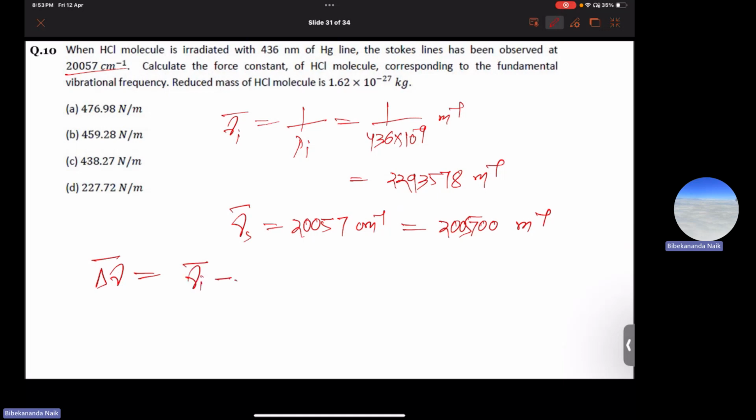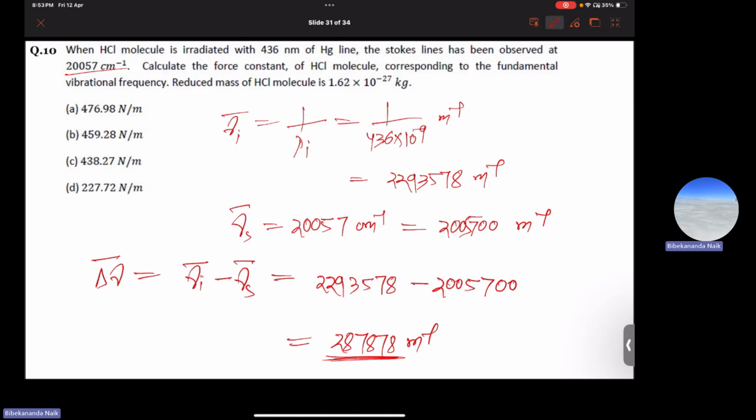Now the Raman shift will be given by nu I bar minus nu s bar, which is 2293578 minus 2005700, which is 287878 meter inverse. Now this Raman shift corresponds to the fundamental frequency of vibration.